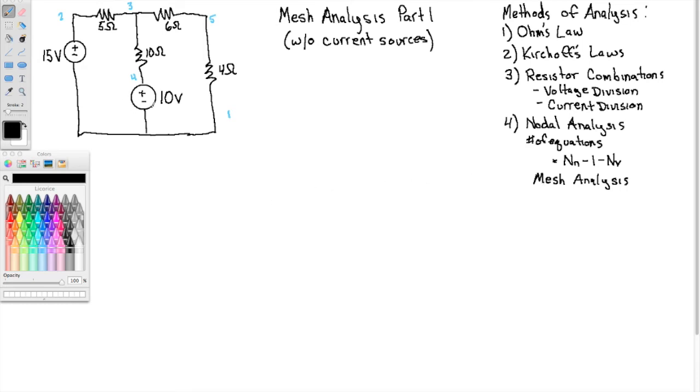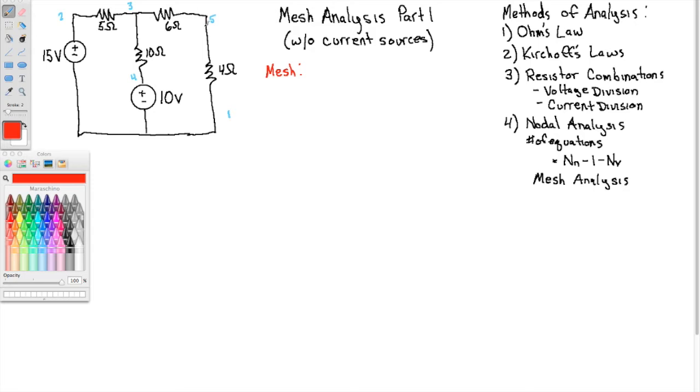All right, well, first of all, let's define what a mesh is. And it's simple. So we did talk about loops before. Meshes are related to loops. This circuit has 3 loops. There are the 2 kind of small ones, right? That is to say, go from node 2 to 3 to 4 to 1, back to 2. That's a loop.